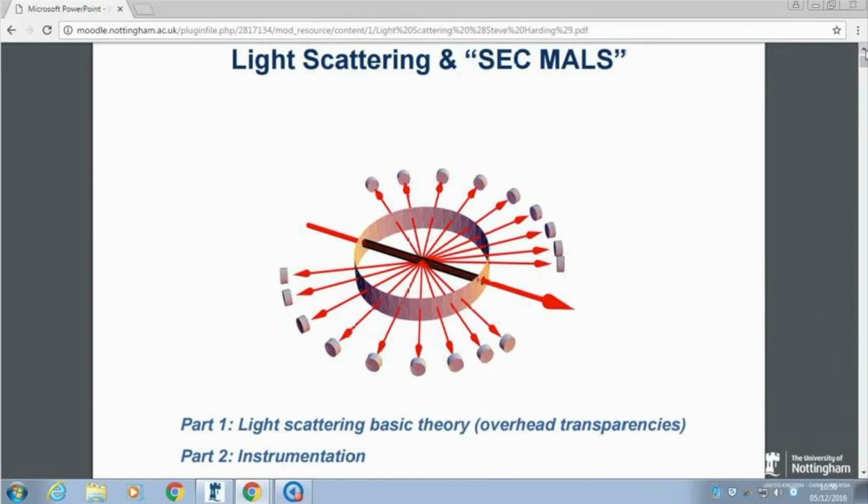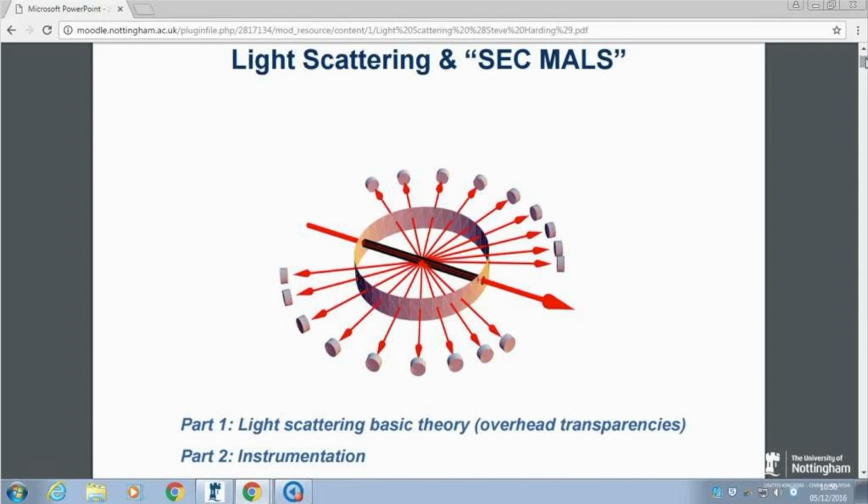It's more popular than the ultracentrifuge because it's easier to operate, it's less expensive, but there are some pitfalls and limitations that come with this methodology, which you need to be aware of.